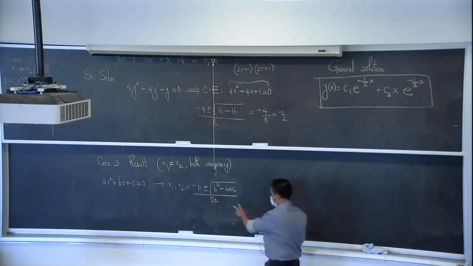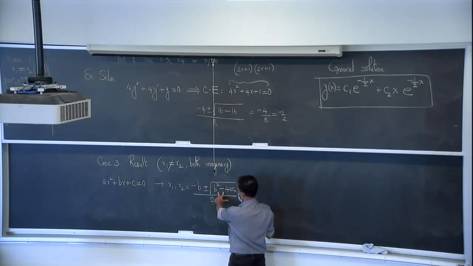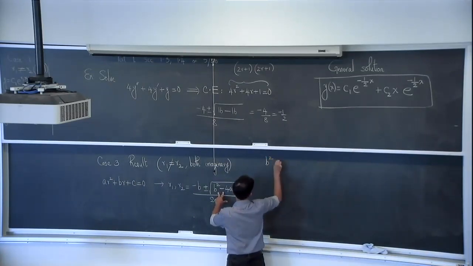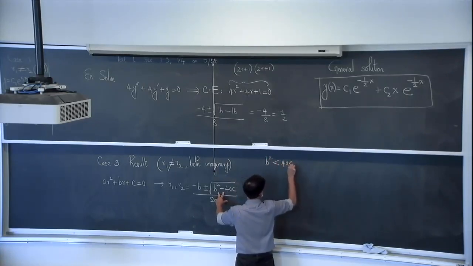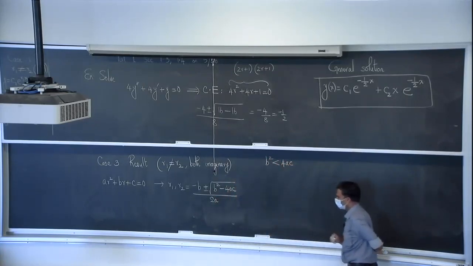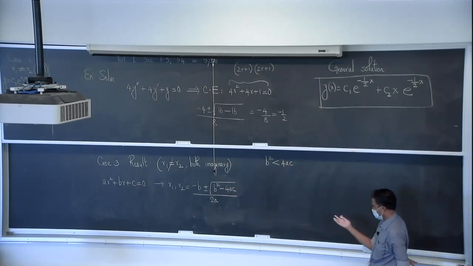And I hope all of you realize that the only remaining possibility here is that B squared is less than 4AC, that is when it becomes negative. You cannot find the square root of a negative number. You take a calculator and do it, it's going to give you an error.